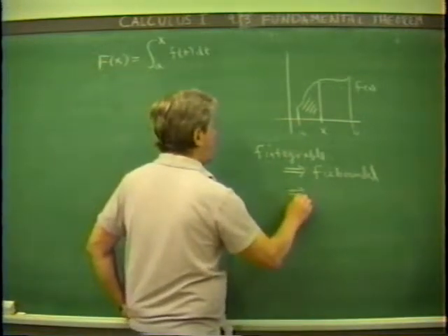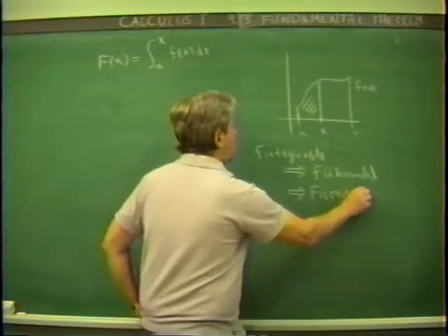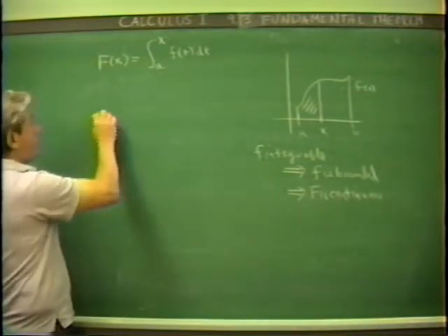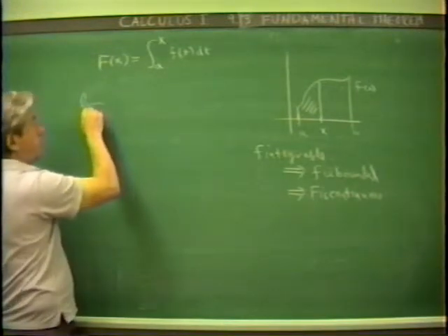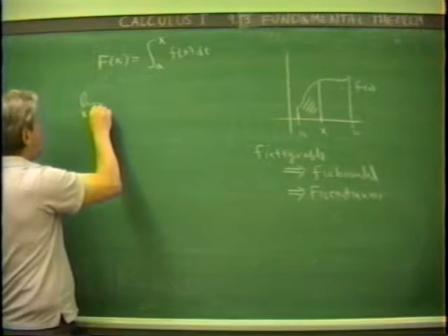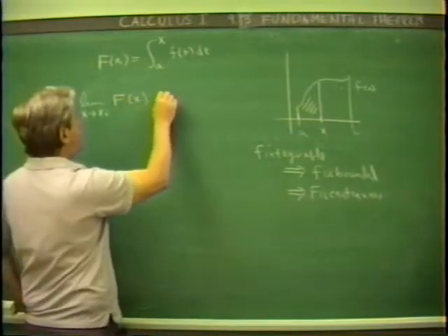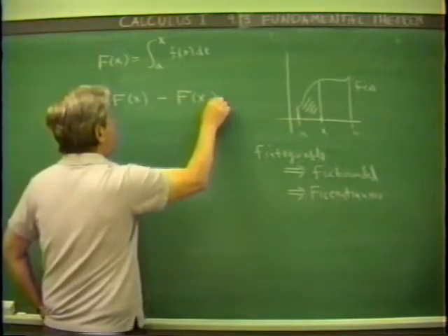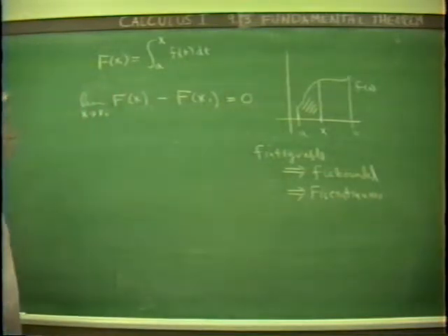Right. Now, with that in mind, we want first of all to see that capital F is continuous. That's to say we want to look at the limit as x approaches x naught of F of x and show that this is equal to F of x naught.